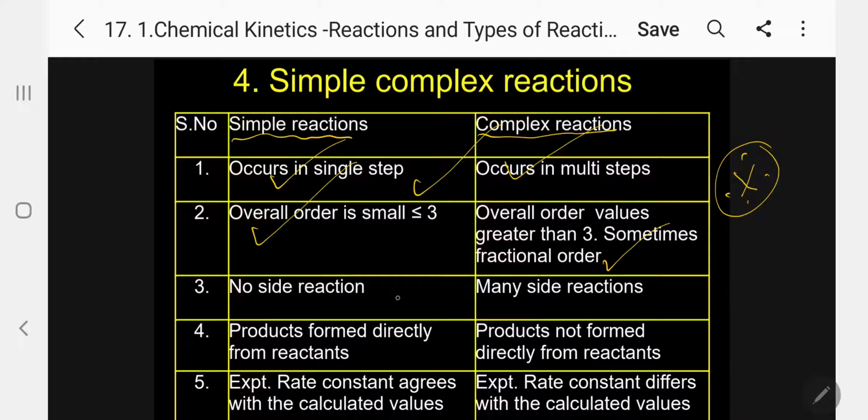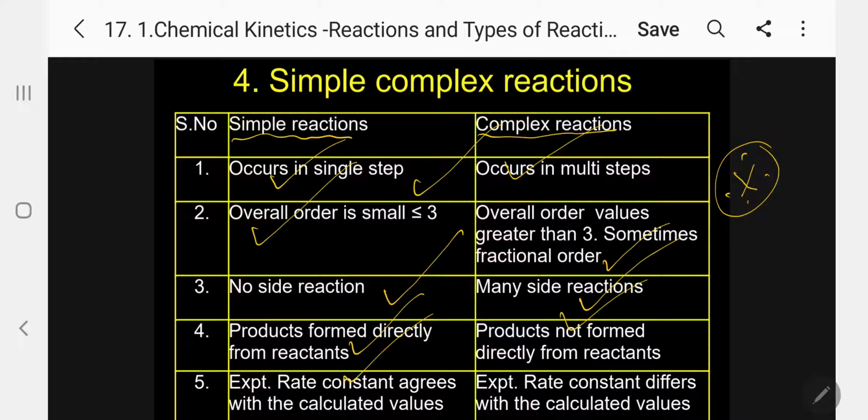Number 3: no side reaction takes place in simple reactions, whereas many side reactions take place in complex reactions. We have already seen parallel reactions. Number 4: products are formed directly from the reactants in simple reactions, whereas in complex reactions, products are not formed directly from the reactants. It will go through intermediates, and from the intermediate the product forms.